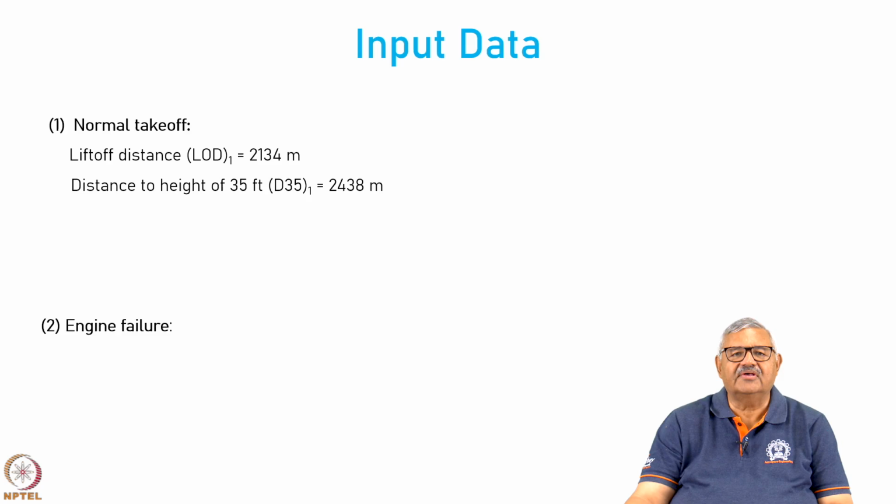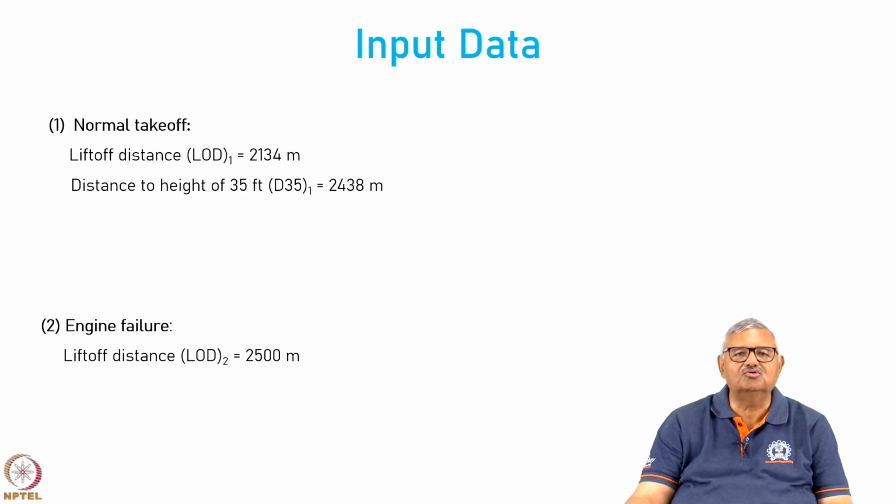The second case is the engine failure case, in which there are two options for the pilot. If the engine failure is detected at the decision speed, the pilot can either continue takeoff or decide to abort the takeoff. When the pilot decides to continue the takeoff, the liftoff distance for this example, LOD2, is given as 2500 meters.